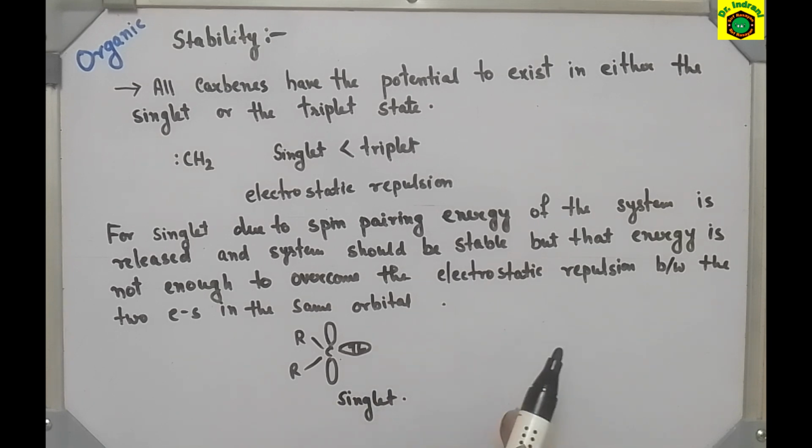For triplet carbenes, the two electrons are in different orbitals, so there is less electrostatic repulsion. That's why triplet methylene carbene is more stable than singlet methylene carbene.